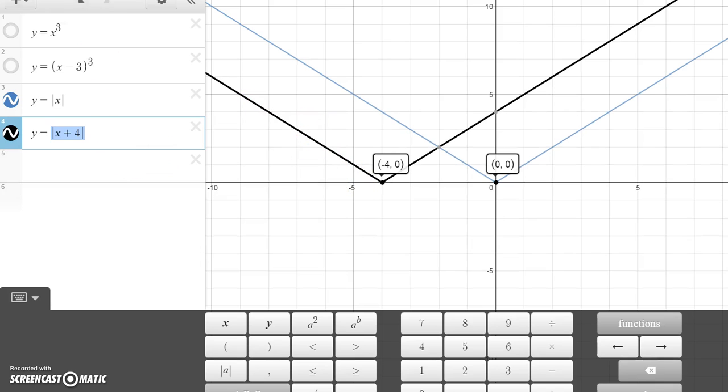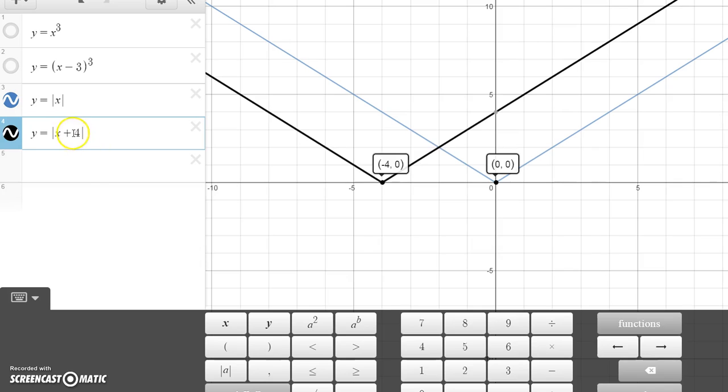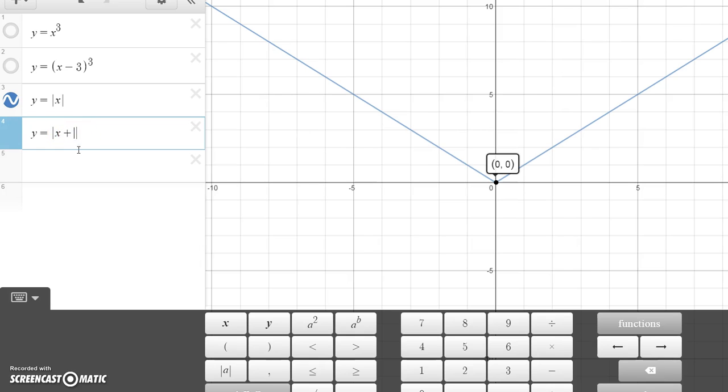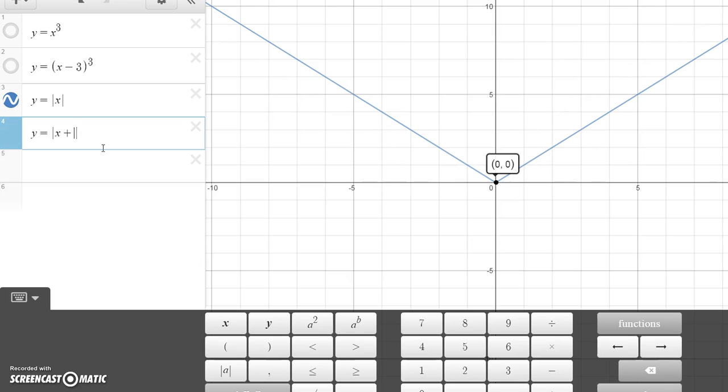And again, going back to what I said earlier about vertical shifts and horizontal shifts, if I wanted to graph x plus, let's say x plus 2, well, that's just going to shift 2 units to the left. X plus 5, that's going to shift 5 units to the left. Okay? And then if I went the other way and said minus 5, it's going to shift it to the right. X minus 5 is going to shift it to the right.